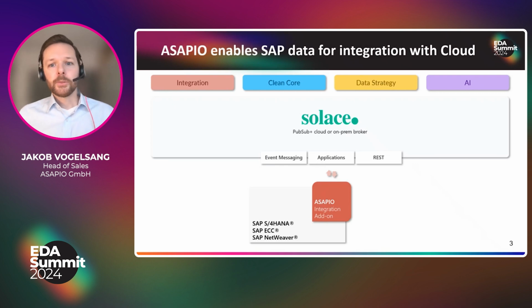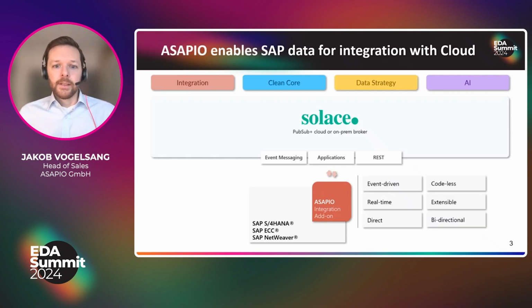Also want to provide standardized data products, standardized event products or event definitions. And of course, you also want to be able to reuse SAP data in your AI scenarios, in your AI use cases, for example, in real time, or to train your models. And so the unique features of the ASAPIO approach really help to achieve that.